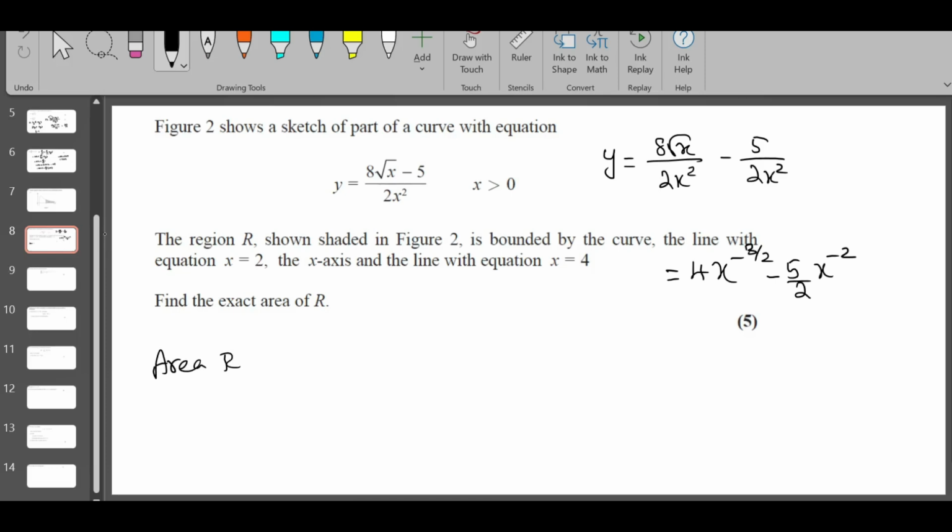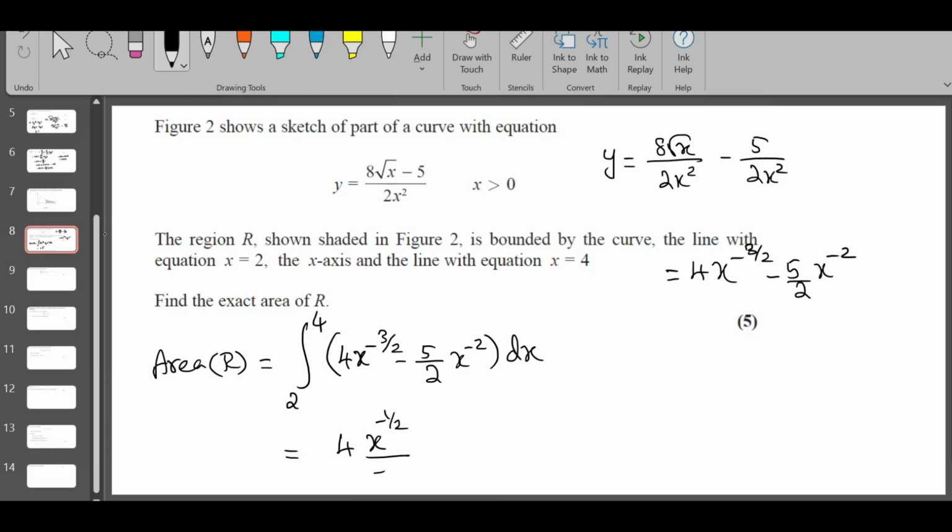Area R is equal to the integral from 2 to 4 of 4x to the power minus 3 over 2 minus 5 over 2 x to the power minus 2 dx. When you integrate it, you will get 4x to the power minus 3 over 2 plus 1 divided by minus 3 over 2 plus 1, minus 5 over 2 times x to the power minus 2 plus 1 over minus 2 plus 1, from 2 to 4.